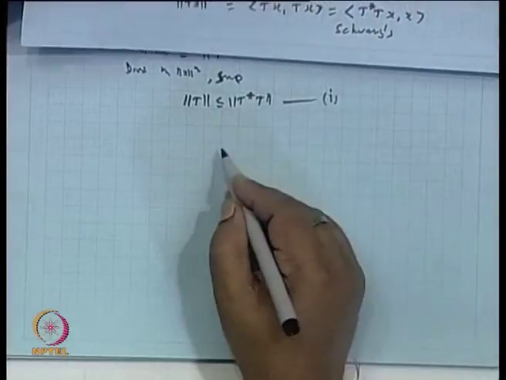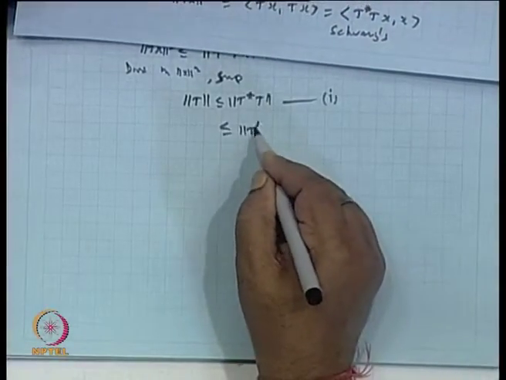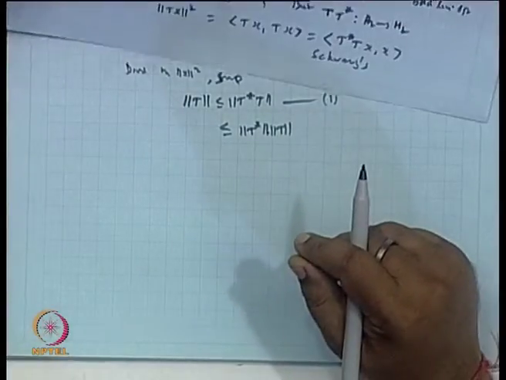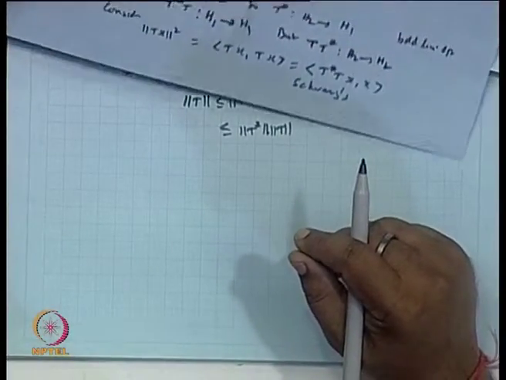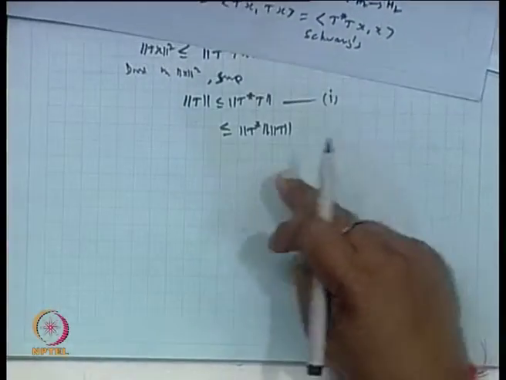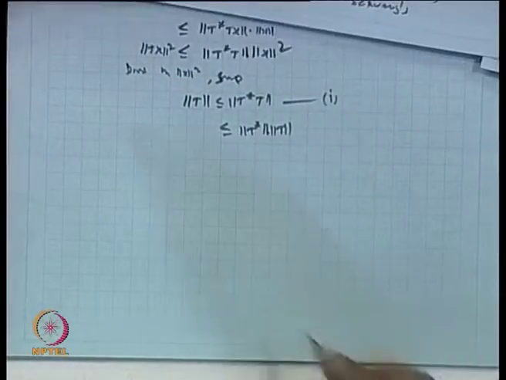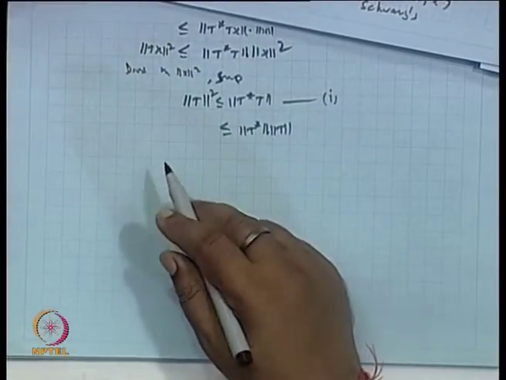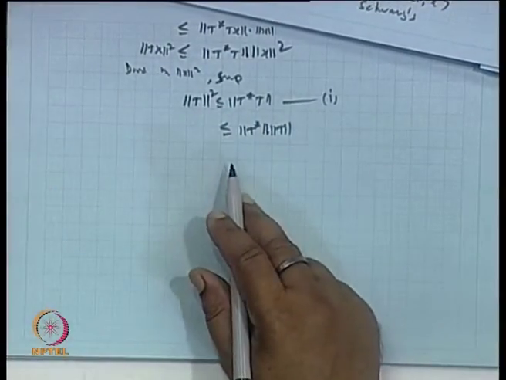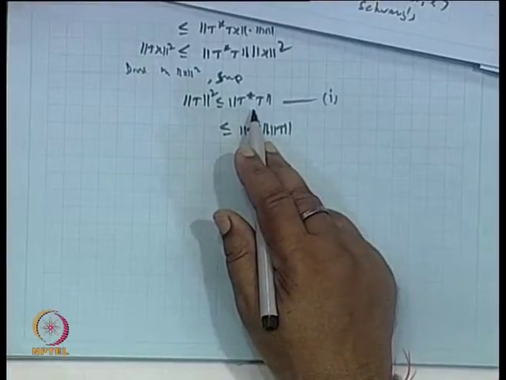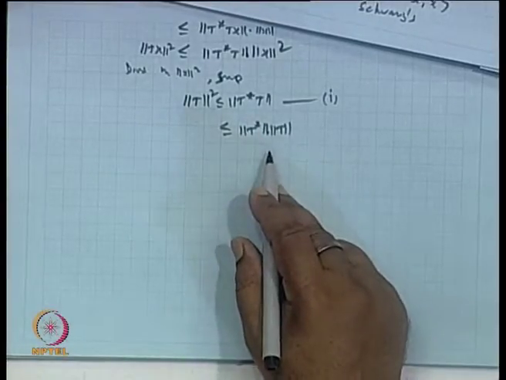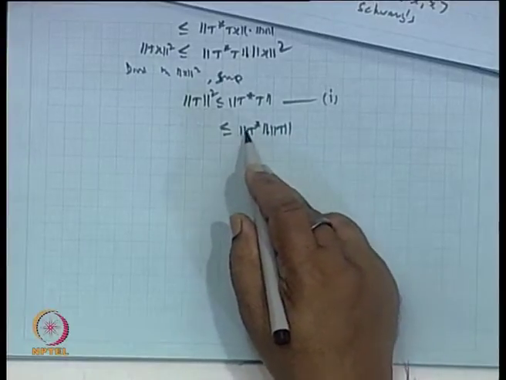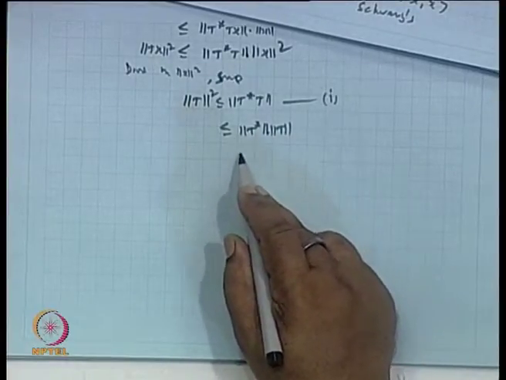Now, this will be further less than or equal to norm of T star into norm of T. Is it right? Norm of T square, sorry, this is norm of T square. So, norm of T star T is less than or equal to norm of T star into norm of T. But what is the norm of T star?